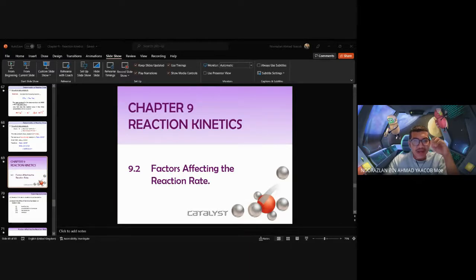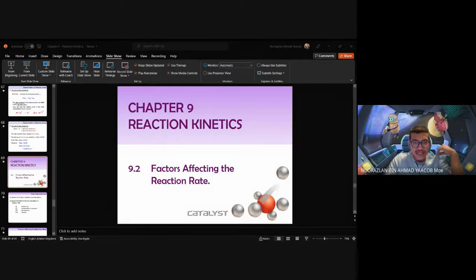So if we carry out a reaction, we want to make it quicker, we can add the concentration, make it more concentrated for reactants in aqueous phase. If in the form of a solution. If in the form of gas, we can increase the pressure. If the reaction is in solid form, we can change the size of particles. And if we do not want to change the above, we can also add a catalyst. Catalyst is mangkin, or pemangkin in Malay.